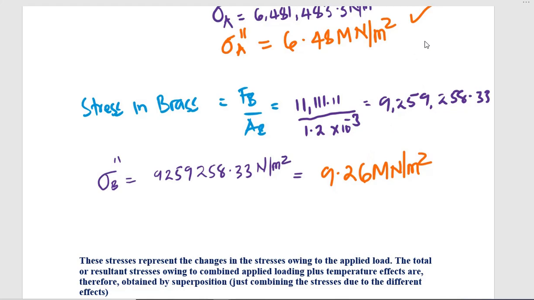Now, since this load is compressive, the stress in aluminium will also be compressive, and this one in brass will also be compressive.